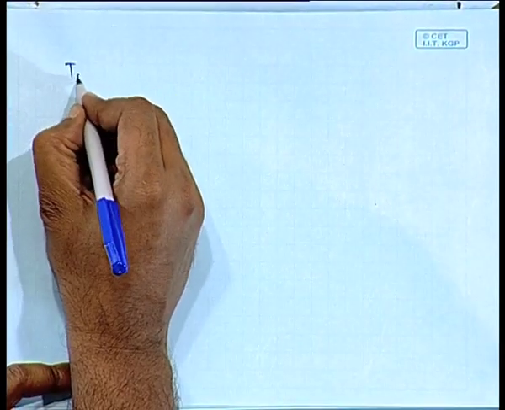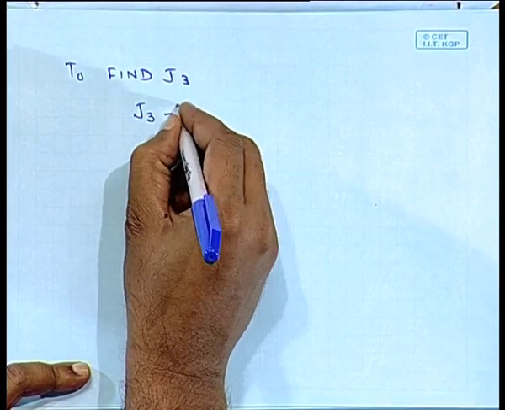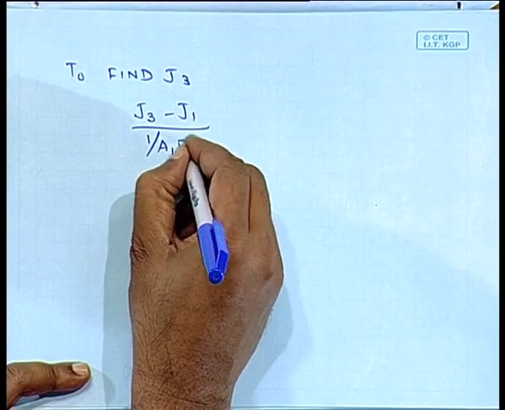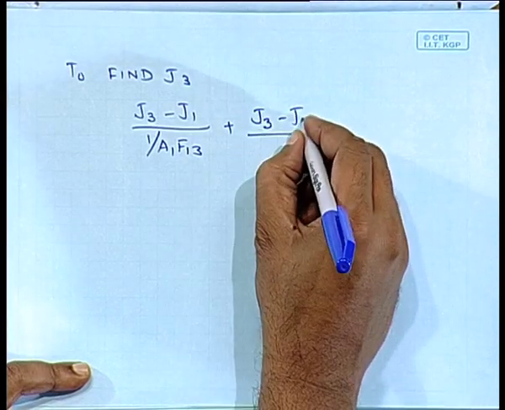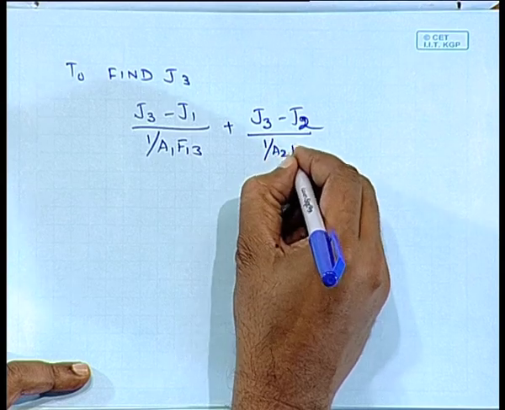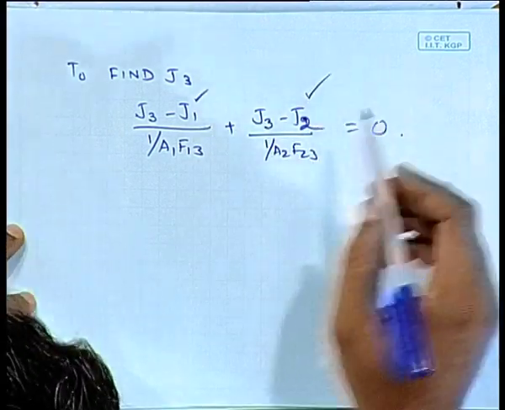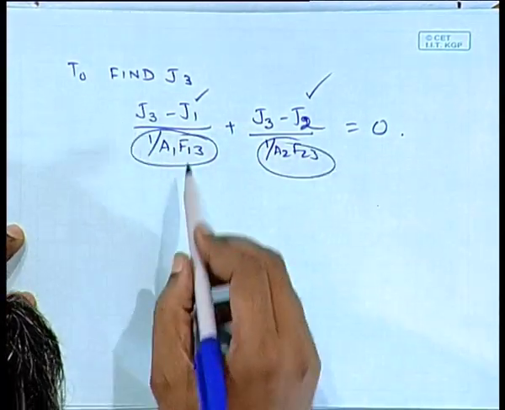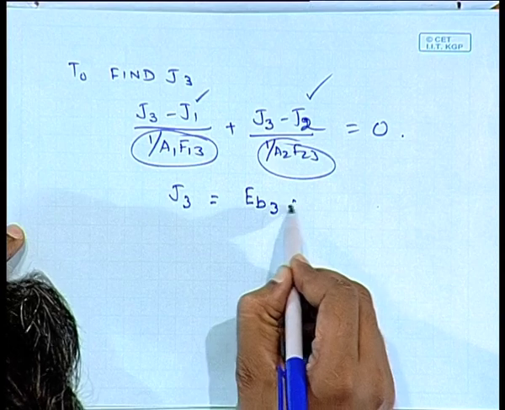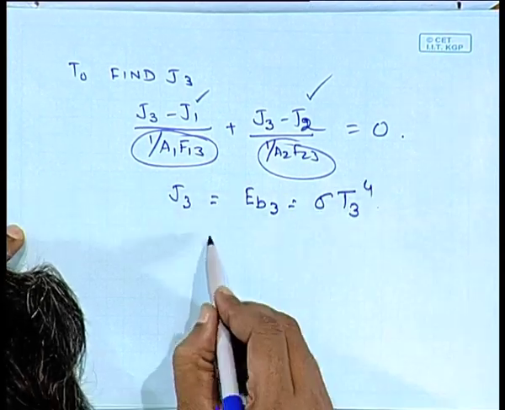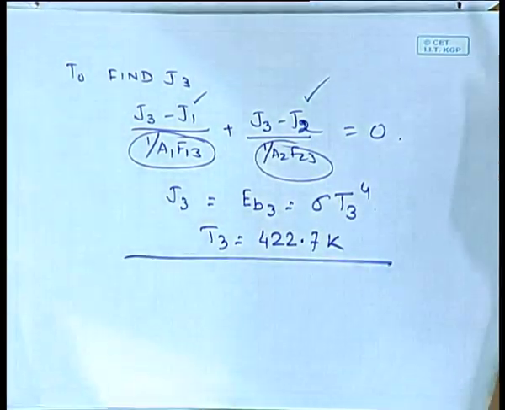So to find J3, what you write is (J3 minus J1) divided by 1 by A1 F13 plus (J3 minus J2) divided by 1 by A2 F23 is equal to 0. Alright. You know the values of J1 and J2, these are known to you. You should be able to find out J3, and I know J3 is equal to Eb3, so this would be sigma T3 to the power 4, and the value of T3 is 422.7 Kelvin. That's the answer.